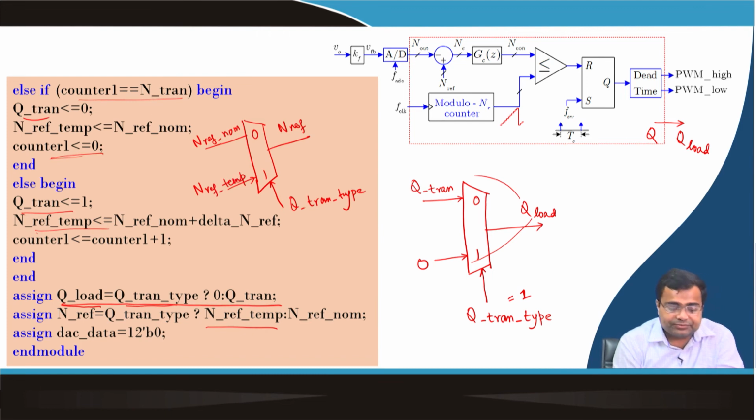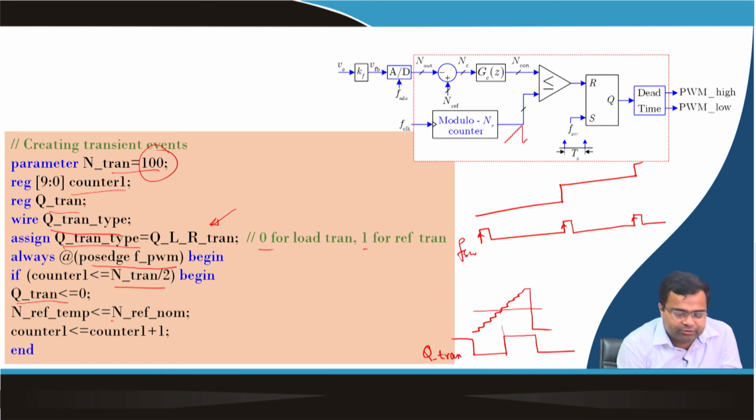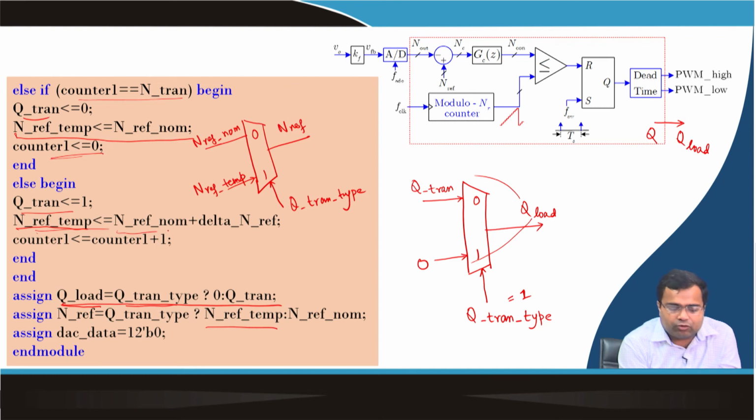What is this? For the first 50 cycles it will take the nominal value, and for the remaining 50 cycles it will take nominal plus delta n. So, this is a changing variable with respect to 50 cycles, but the other is a fixed value.